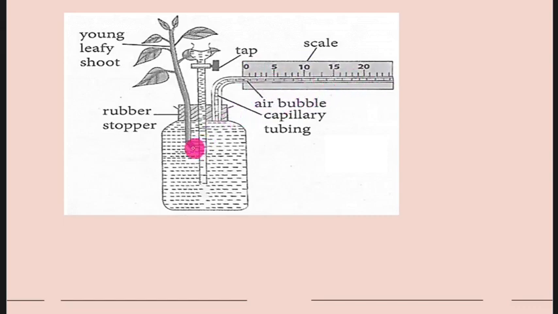As this one is taking up water and losing it by transpiration, the water which was here is now moving, so you can know whether this one is undergoing transpiration or not by monitoring the level of the water here.